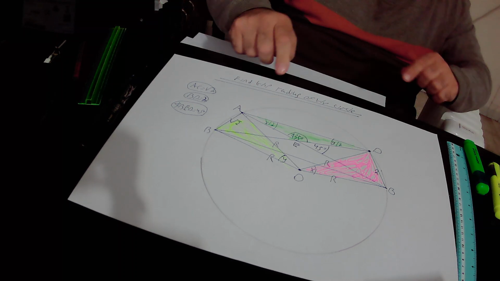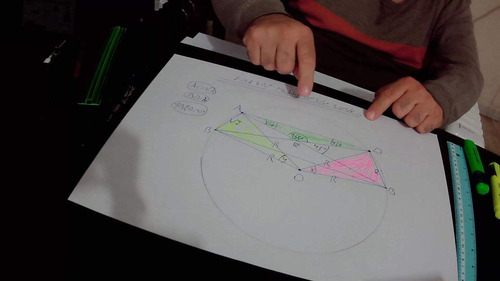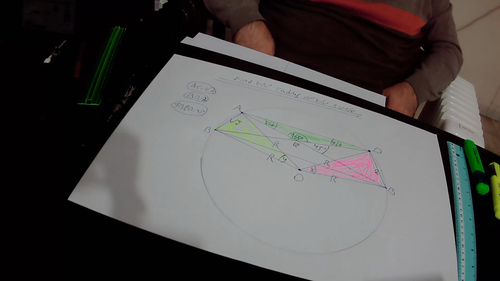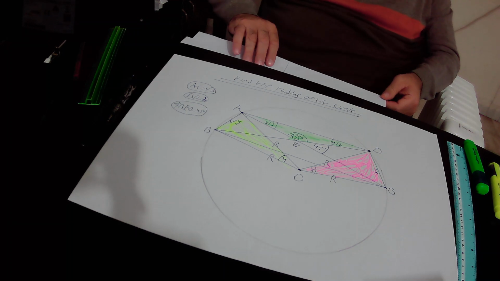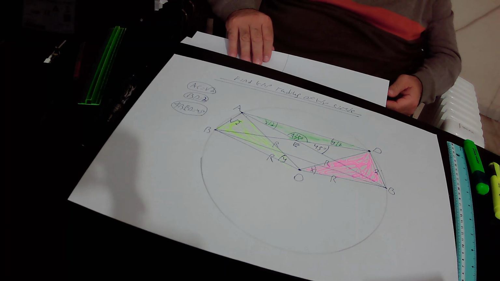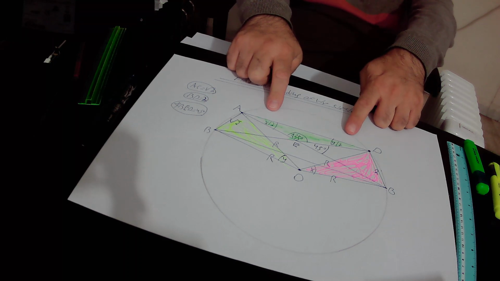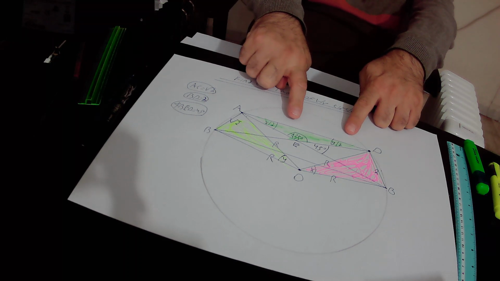Then we focus on the green triangle ADE, and we have the rule that the sum of the angles in any triangle is equal to 180 degrees. Which angles do we have here? We have x over 2, y over 2, and 135 degrees.